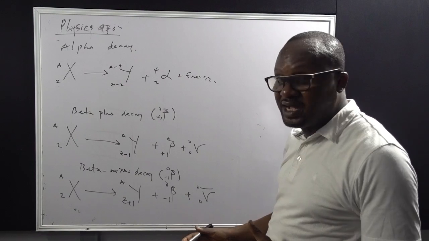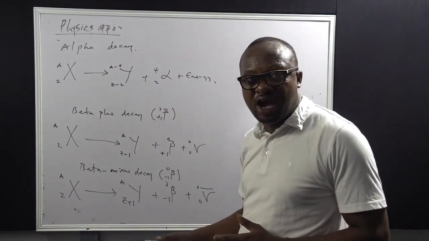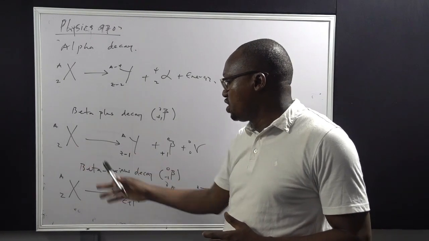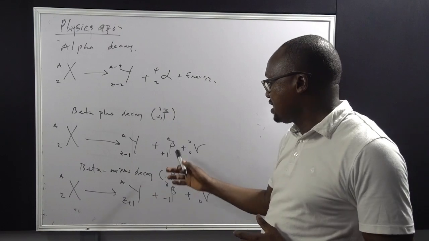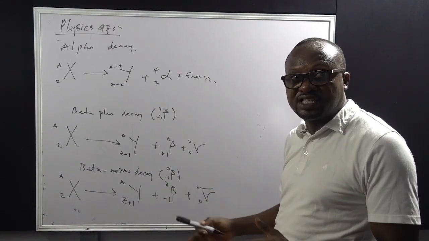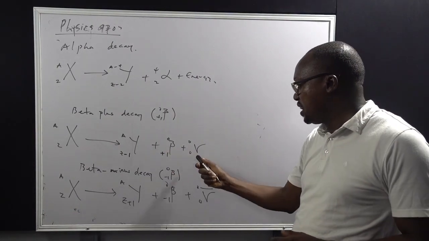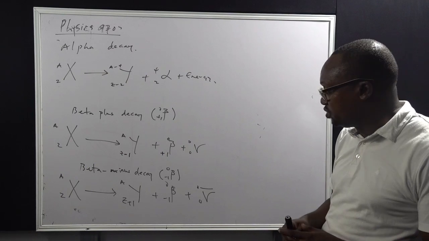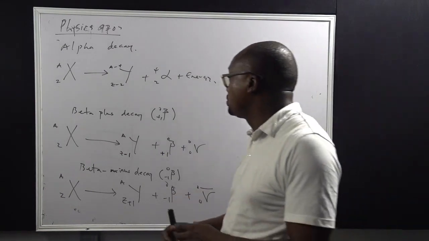I've explained that using the conservation of charge. Whenever beta plus is produced, you have to expect the neutrinos should be produced. And whenever beta minus is produced, antineutrinos are also produced.